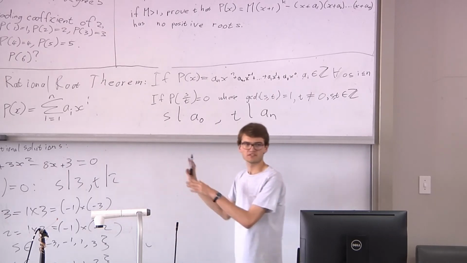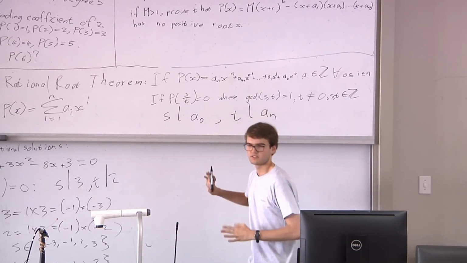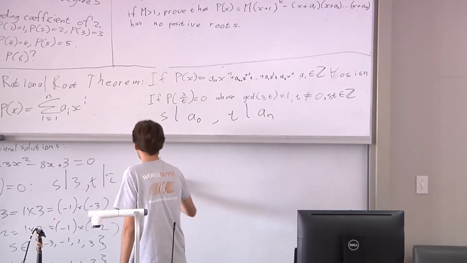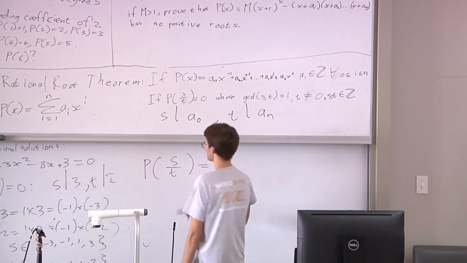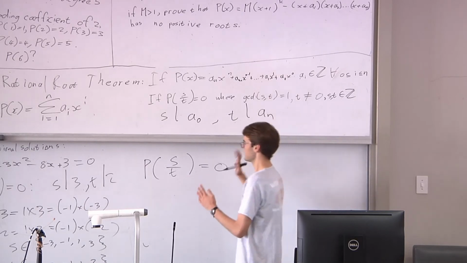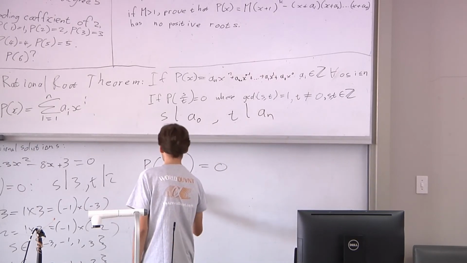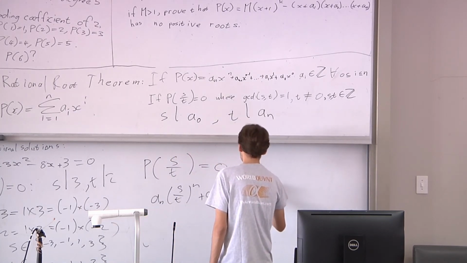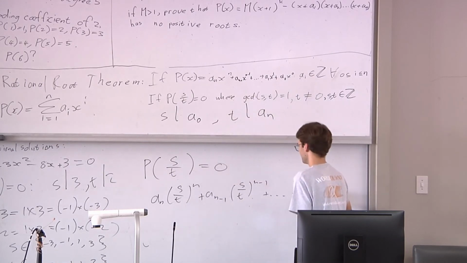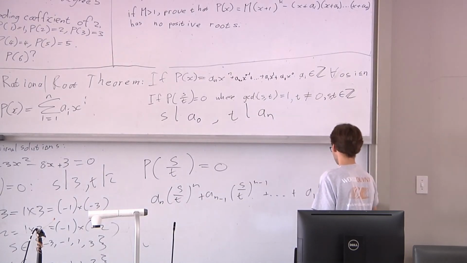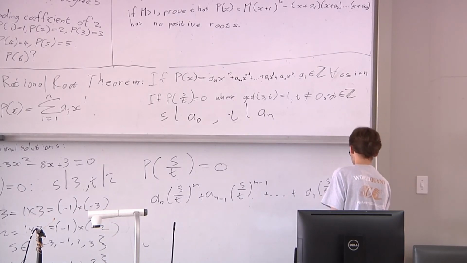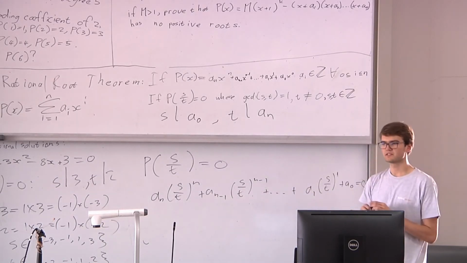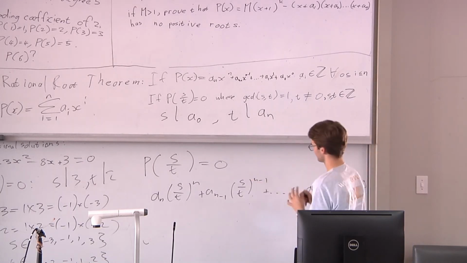So you do the normal thing: let P be the polynomial with integer coefficients, and let P of s over t equal 0. Now you can use the way that polynomials are defined to get that a_n (s over t)^n plus a_(n-1) (s over t)^(n-1) plus whatever plus a_1 (s over t)^1 plus a_0 is equal to 0. The next step is to get rid of those denominators to make everything integers.